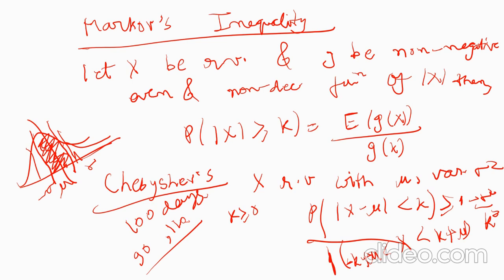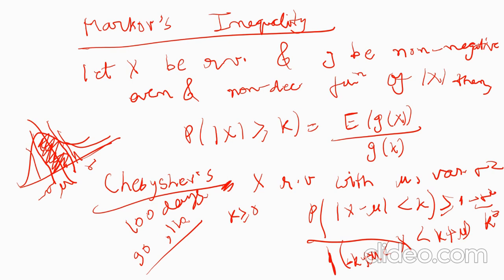Here we are given mean as 100 and let's say standard deviation as 4. So we can take x minus mu less than k with k as 10. We can use Chebyshev inequality in that case.